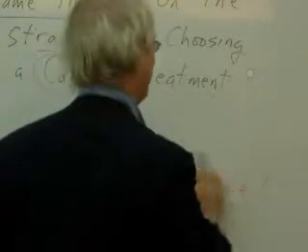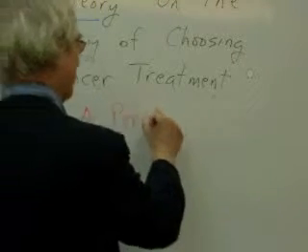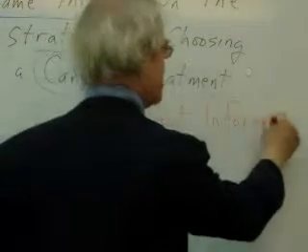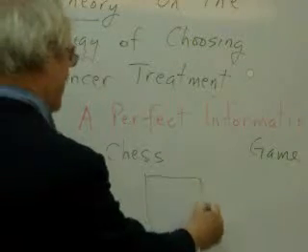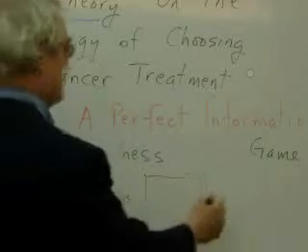For example, they talk about a perfect information game. A perfect information game is like chess, let's say. You have a board, there's one person, there's the other person.